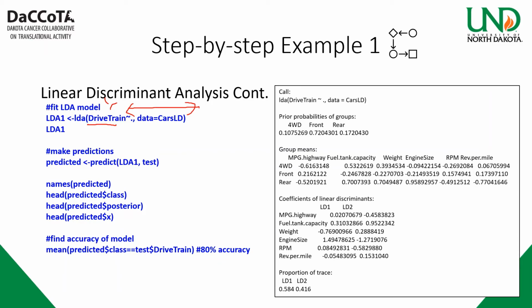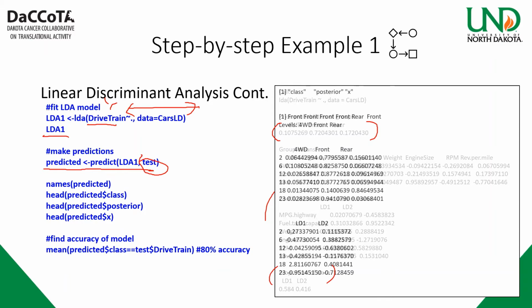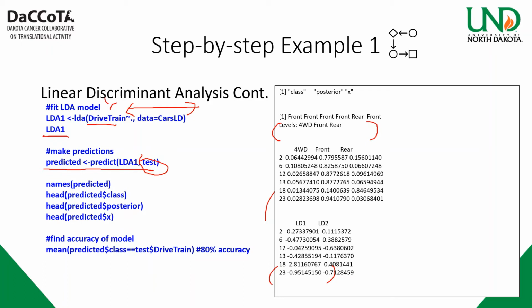And so when we call LDA1, here's our model, we get prior probabilities, group means, coefficients, and then this proportion of trace. And then actually you can make predictions. So I can save this as predicted, using our test data, because we trained our model with the training data, so now we can test it. And there are all sorts of things we can look at; it turns out there's a class, posterior, and x in this predicted output.